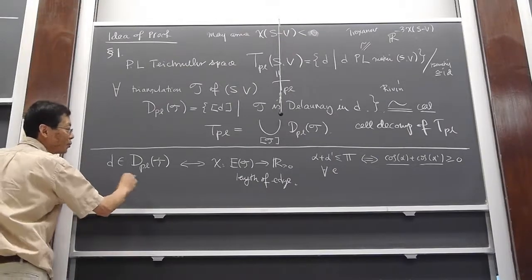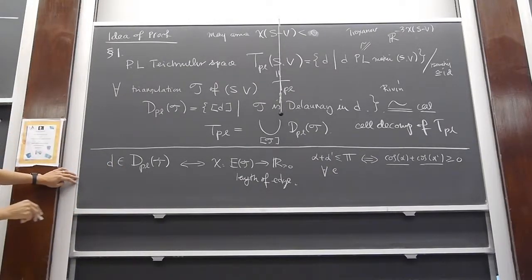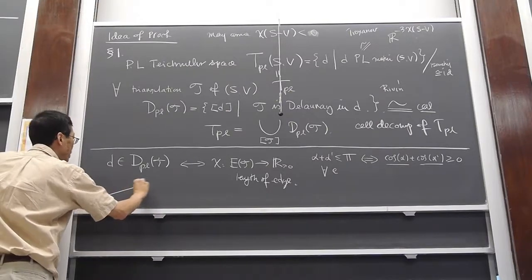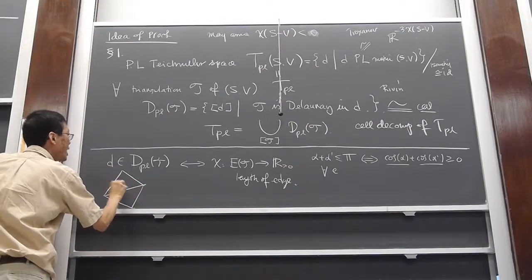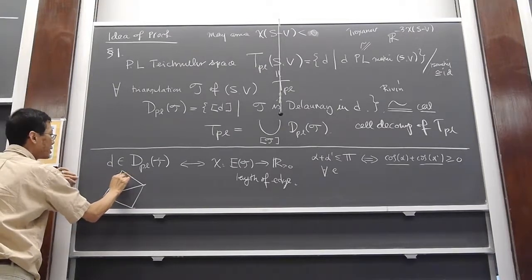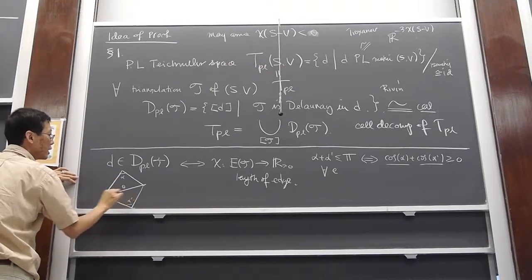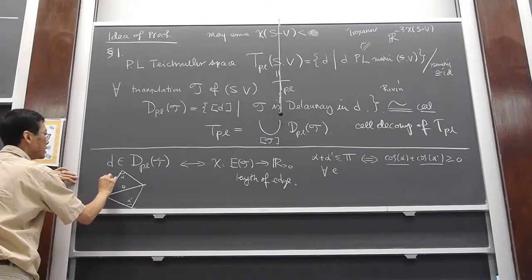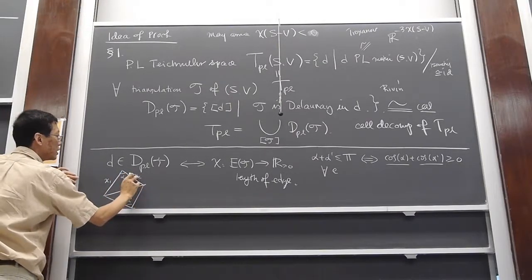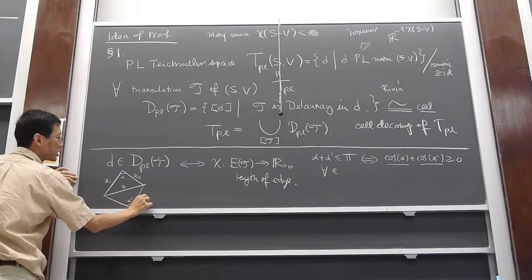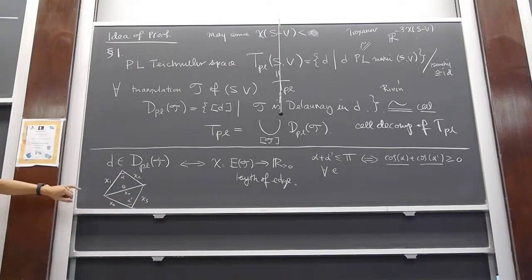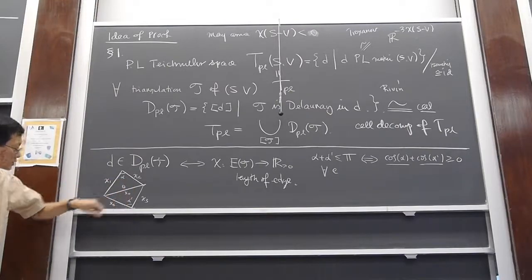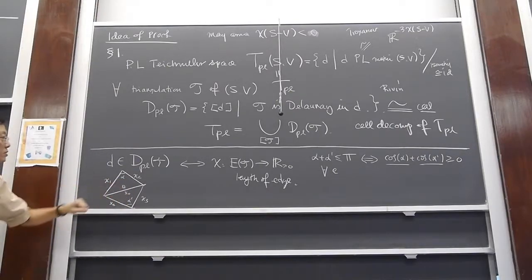This is one of the key observations that we make. I have an edge. We have two angles, alpha and alpha prime. And let's label the lengths of the edges x1, x2, x3, x4, and I'm going to call this one x0. And we can express alpha and alpha prime in terms of the lengths.